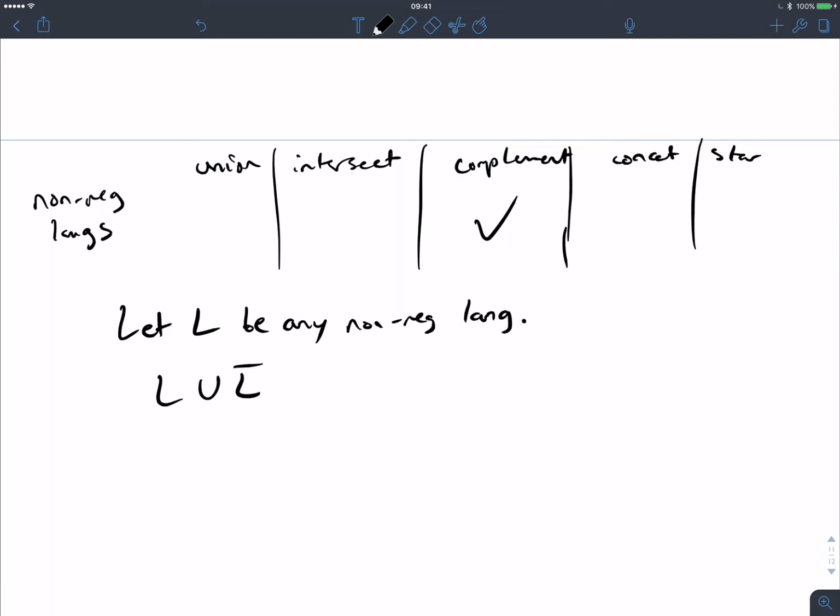Yeah, the entire thing, which is regular, which is called sigma star. Thank you. But that guy's regular. L is not regular. Is L bar not regular? Yeah, because non-regular languages are closed under complement. So we don't get closure under union, sadly.